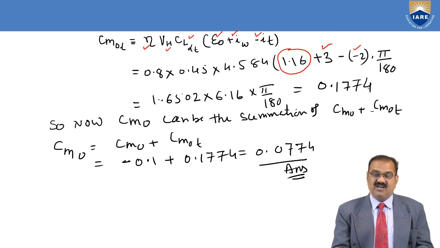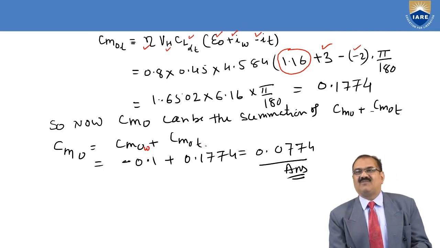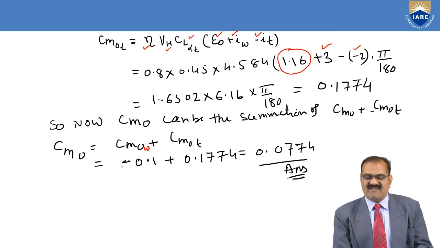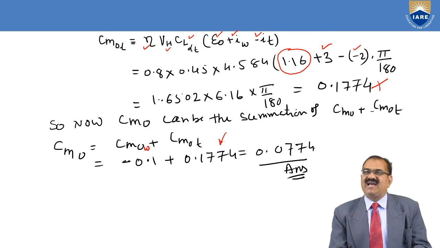But we know that Cm naught for the total aircraft is equal to Cm naught of the wing plus Cm naught of the tail. So the Cm naught of the wing we have already calculated, minus 0.1, and from here we got this one. So net we have got the coefficient of moment at 0 angle of attack is 0.0774.